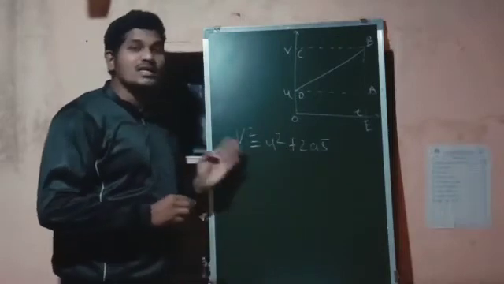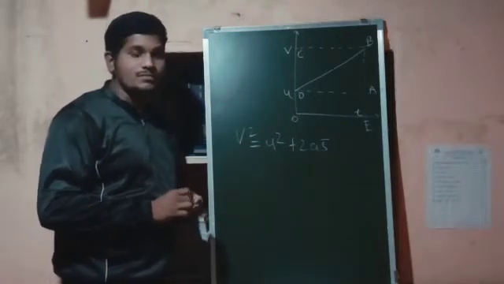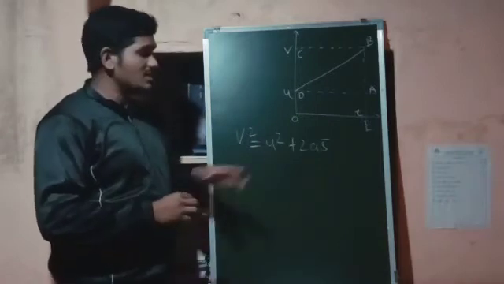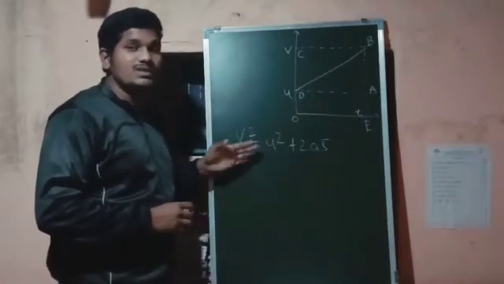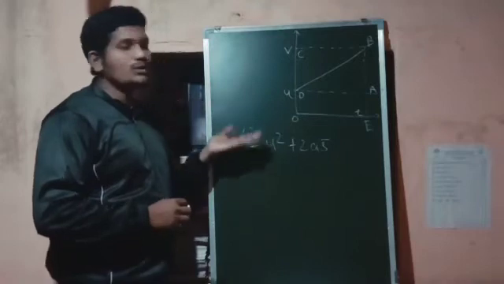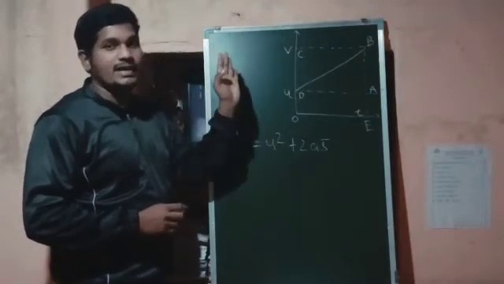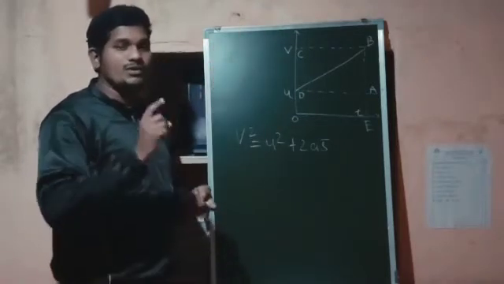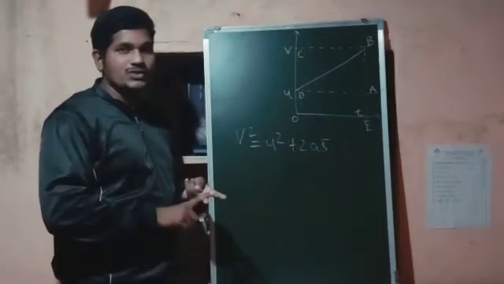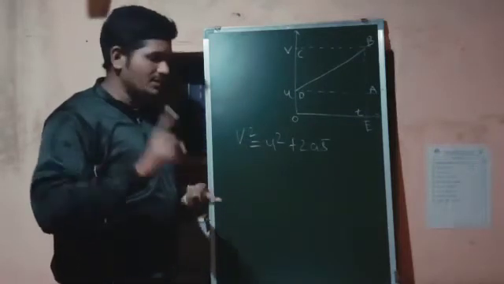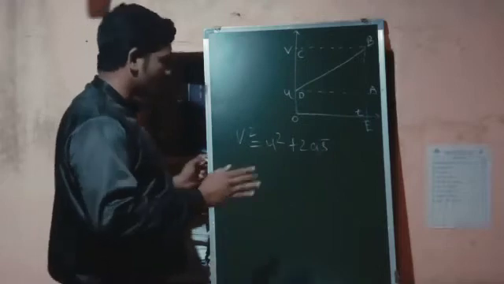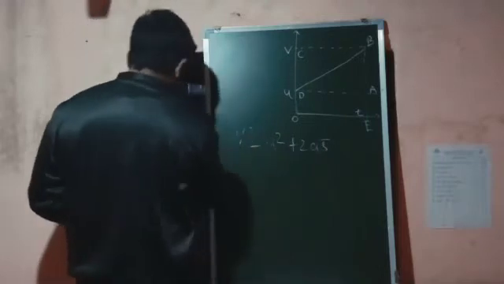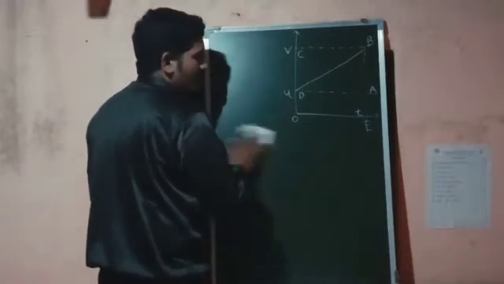So this is the third equation of motion, and how this equation has been derived, we are going to see with the help of the diagram which we have used for the first and second equations.